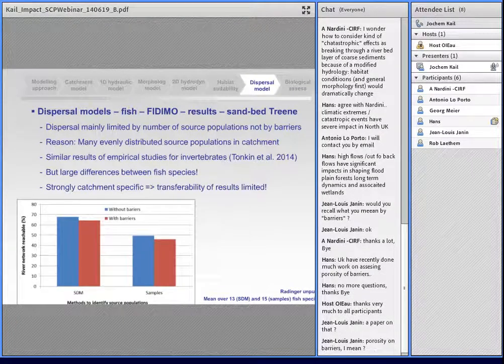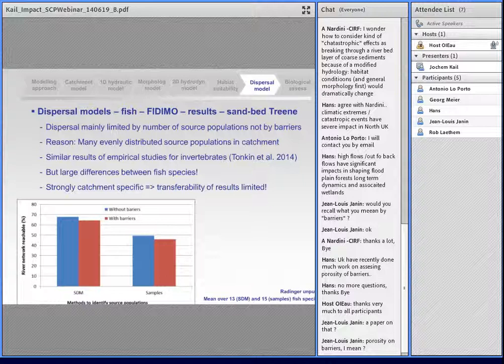We have not published the modeling framework yet, but we have nearly finished the paper, and the results for the Treene are also nearly finished. So I think in about half a year, I'm quite sure that we will have some results published.